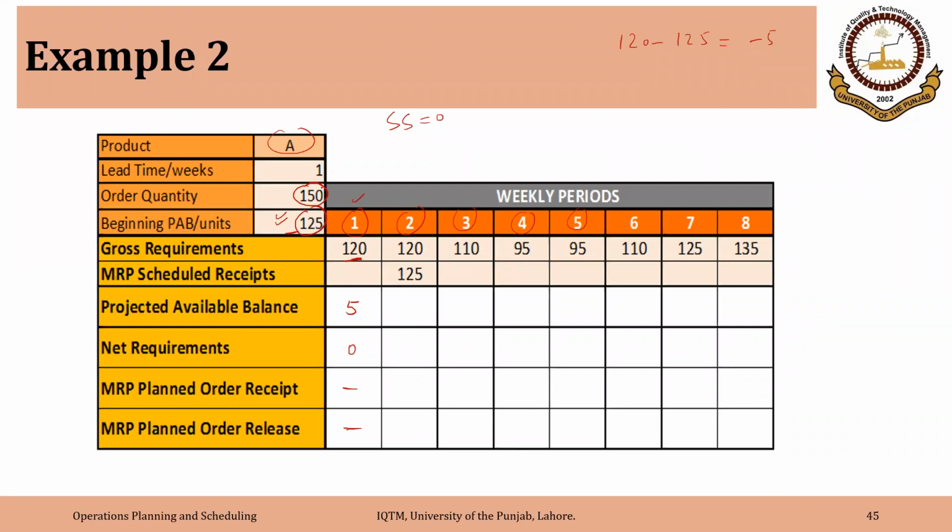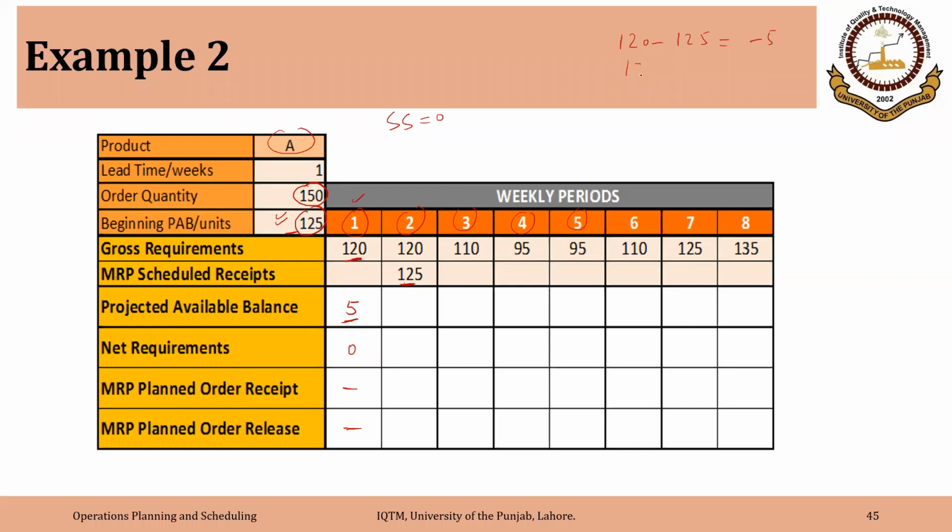Now we had already placed an order before week 1 of a quantity of 125 that we are receiving in week 2. So you can say that is an open order or a late order that we are receiving. So the total supply is 5 plus 125, that is 130. And the gross requirements are 120.